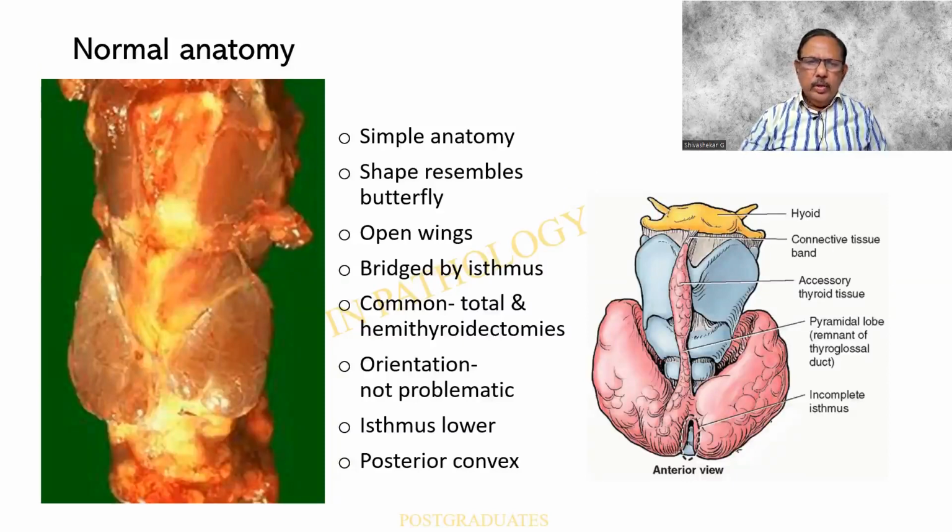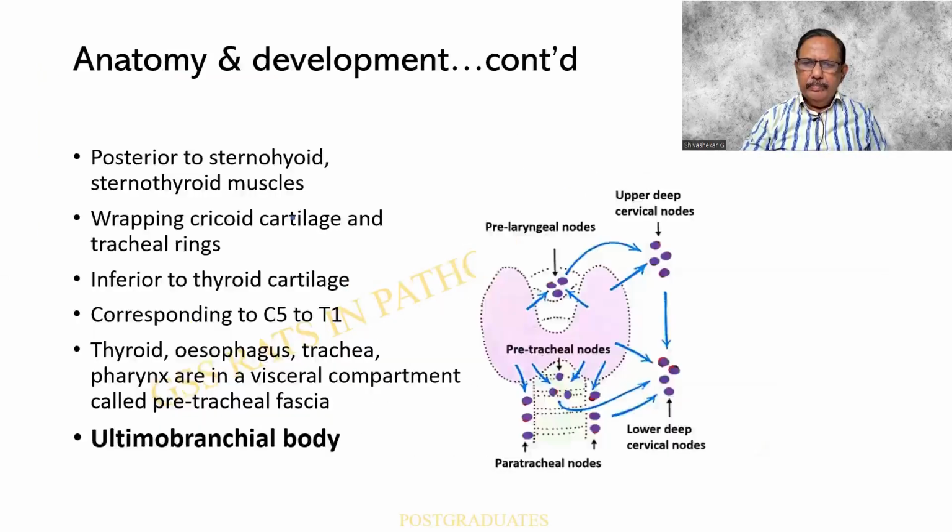So this is what you people should have in mind. It is posterior to the sternohyoid and the sternothyroid muscles. It wraps the cricoid cartilage and the tracheal rings. It is inferior to the thyroid cartilage and is located between C5 and T1.